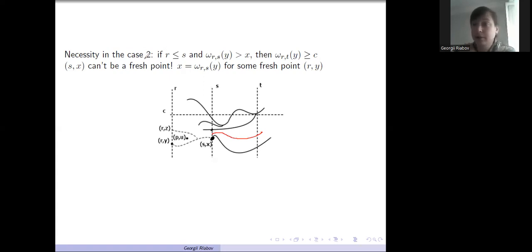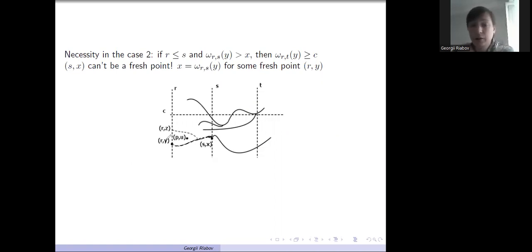But in case 2, it is impossible. Hence, the point Sx is not a fresh point, so it arrived from the past.